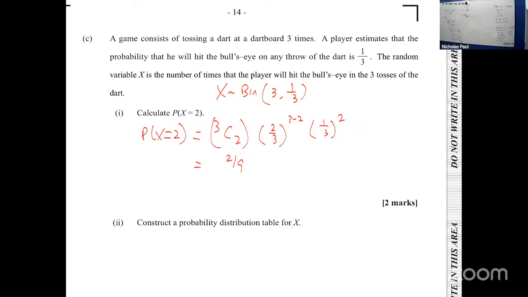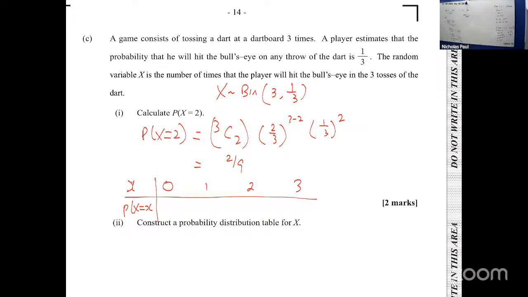Right, and now they want the probability distribution, right? So we have X, the probability of X equal to x. So you're throwing it 3 times, right? The random number, X number of times it will hit in the three tosses. So you can hit 0 times, you can hit 1, you can hit 2 times. Or you can hit all 3, right?